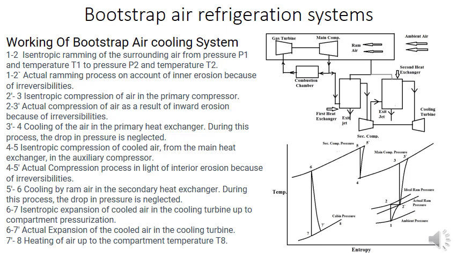After the basic aircraft cooling system cycle, the next is the bootstrap air refrigeration system. From this schematic diagram of the bootstrap system, it can be seen that more turbines and more heat exchangers are used in this system. So what is going on?